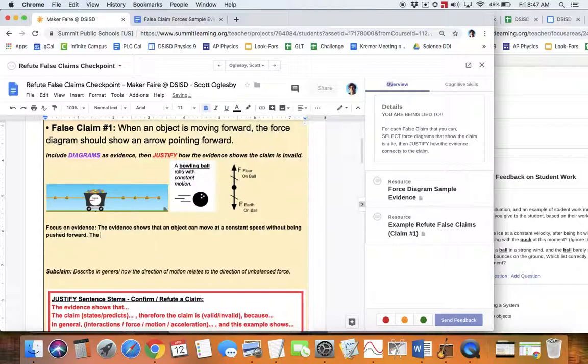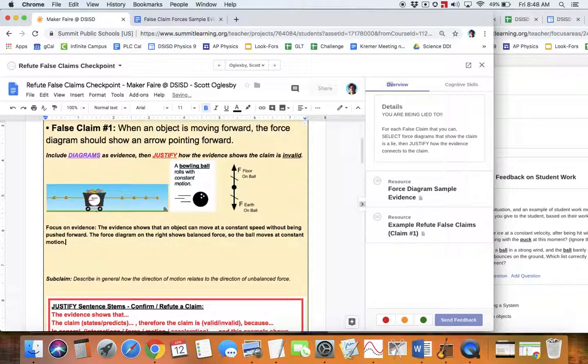So the force diagram on the right here shows balanced force. So the ball moves at constant motion. In general, constant motion equals balanced force. So I just described the evidence that I included here.